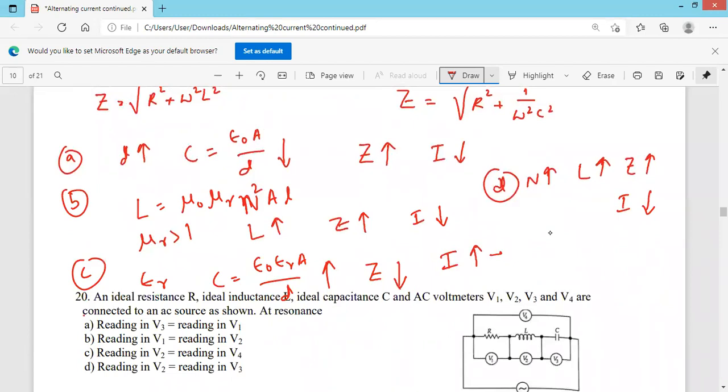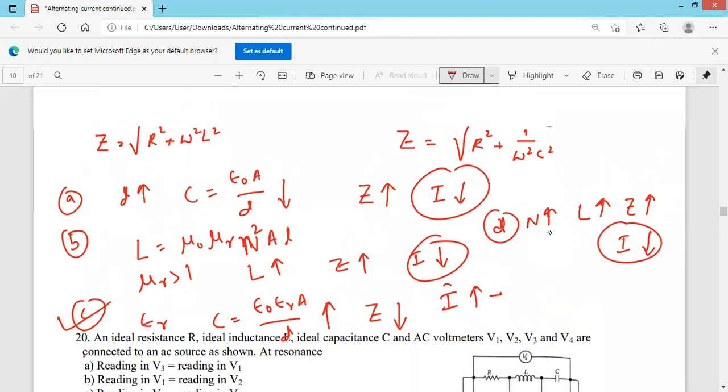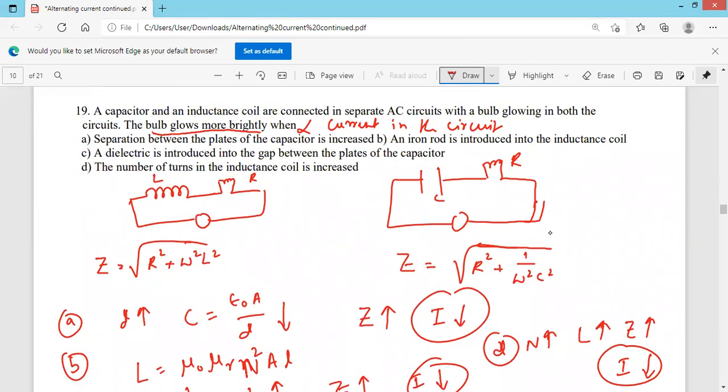Therefore, in the other three cases the bulb glows dim, but in case C the bulb glows brighter. Therefore, option C is the correct answer. When the dielectric is introduced into the gap between the plates of the capacitor, capacitance increases, impedance decreases. As a result, current increases in the circuit, and the bulb glows more brightly.